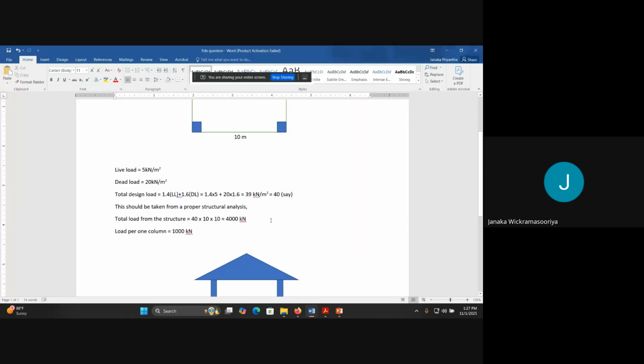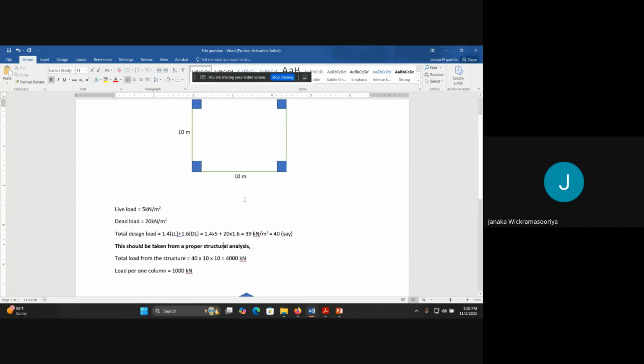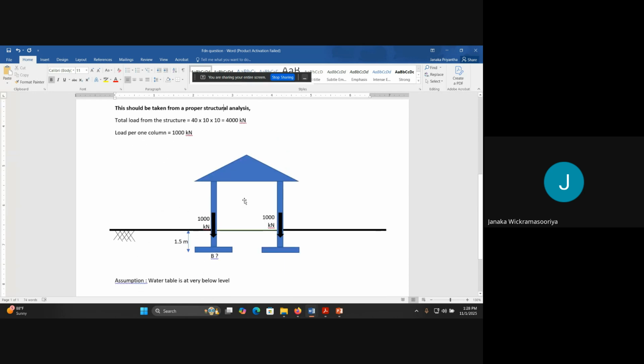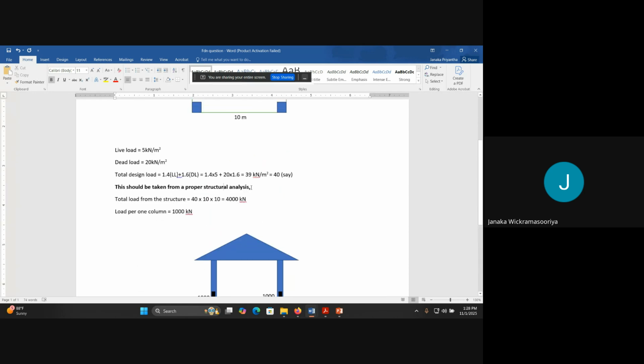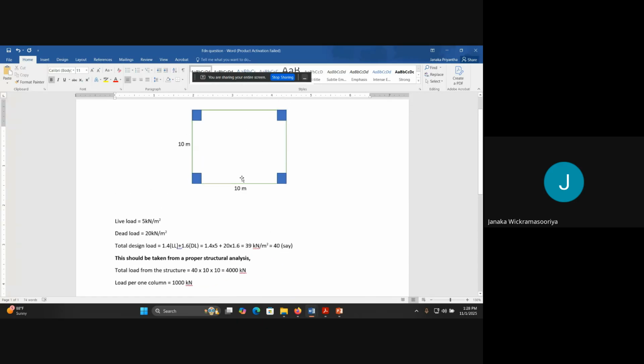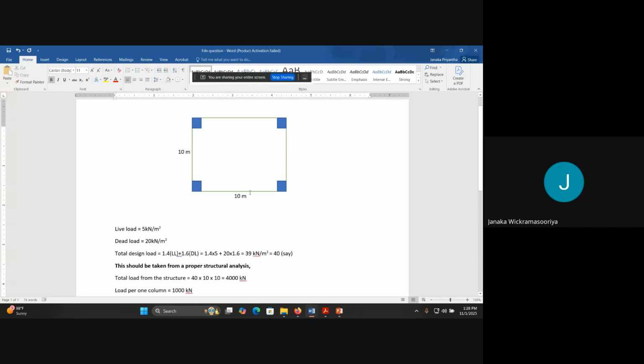If you have anything to write down, you can write down. But this should be taken from a proper structural analysis, right? I just took it because I need to explain the method. If you have anything to write down, please write down.